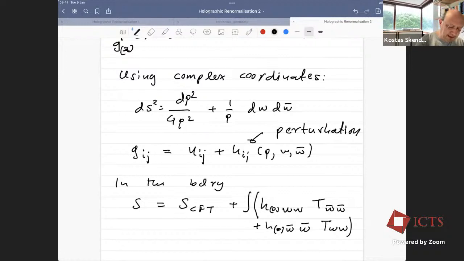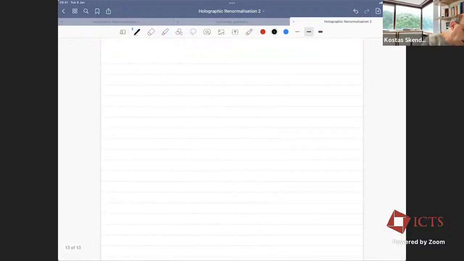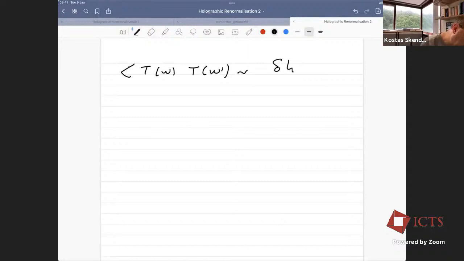So this means, with this notation, that if I want the holomorphic part of the 2-point function, and I'm going to omit the constants for now, it's easy to put them back, it should be the variation of the 2 parts.